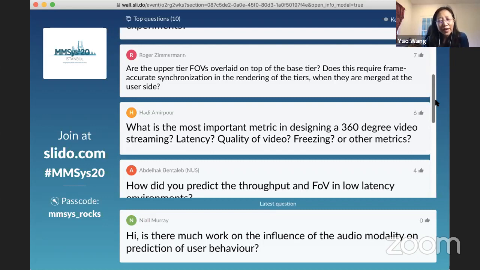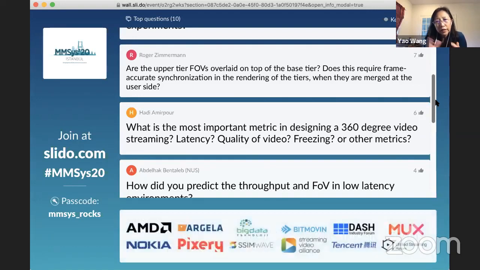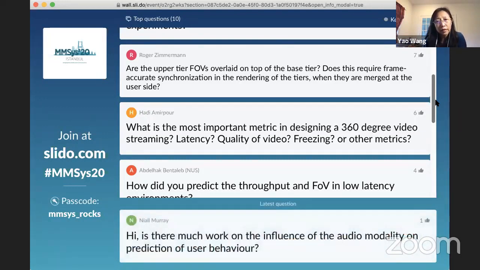In fact, I didn't speak about the details there. With our two-tier system, the video can be coded either in a layered fashion or non-layered fashion. In our design, we actually compared the layer coding and non-layer coding. We found out, given all the constraints and also the layer coding efficiency loss compared to non-layer coding, overall it was better to use non-layer coding, meaning our enhancement tier segments are coded without reference to the base tier.